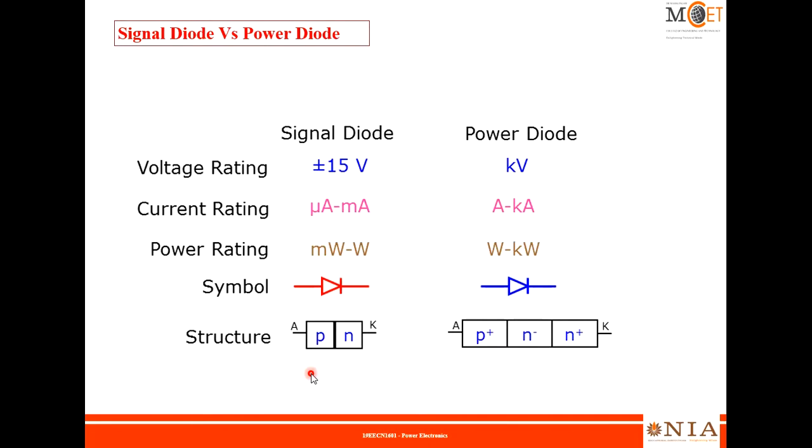The P region has a greater concentration of holes, whereas the N region has more electrons. In the P region, holes are the majority carriers and free electrons are minority carriers. In the N region, free electrons are the majority carriers, whereas the free holes are minority carriers. The doping densities in the p-type and n-type semiconductors may be different.